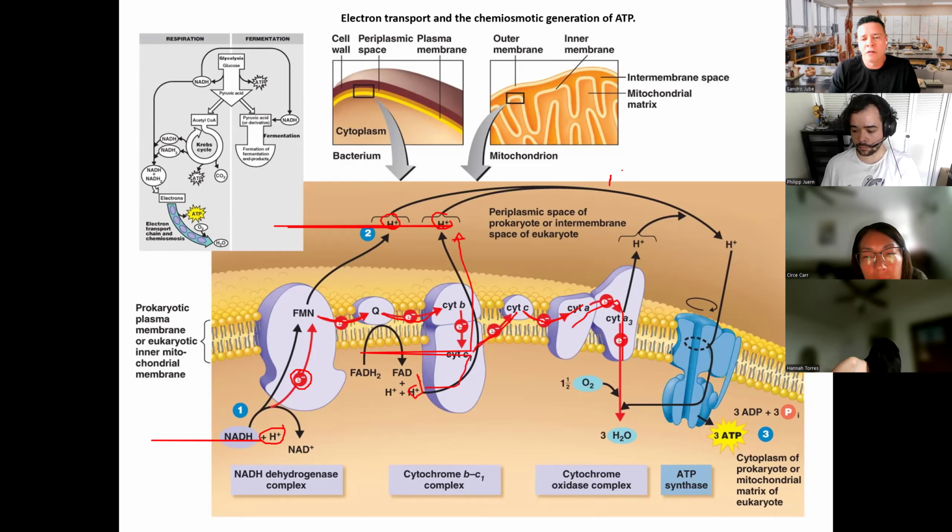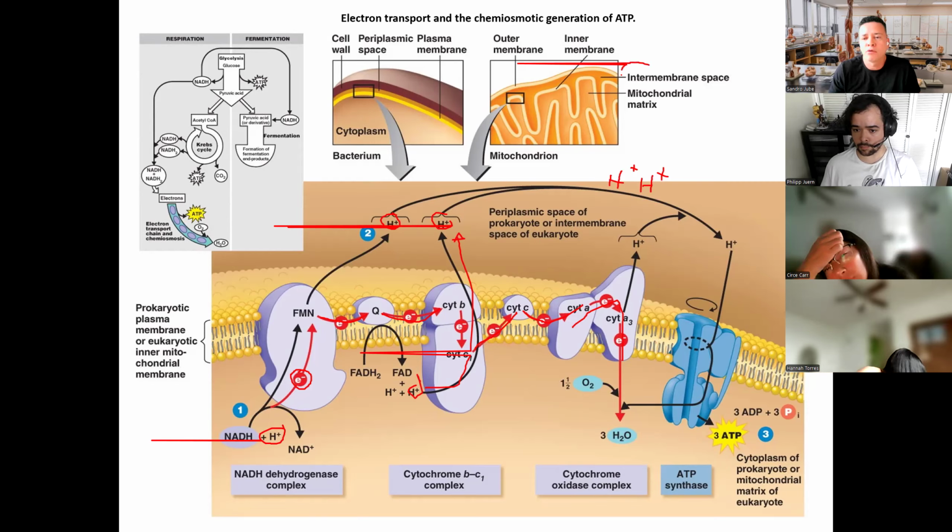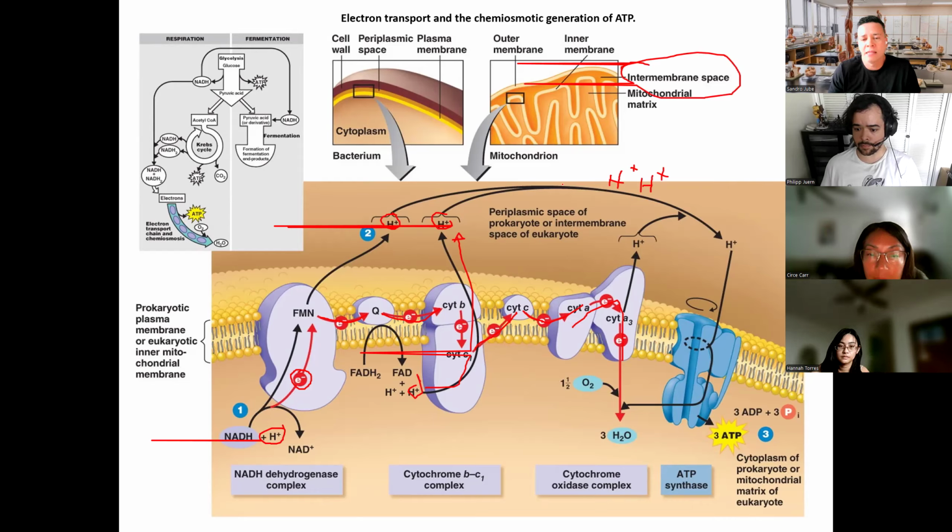So what's going to happen after a while, folks? We're going to have a huge concentration of hydrogen ions in the intermembrane space. This is what we call a chemiosmotic gradient. Now, I have a question for you.